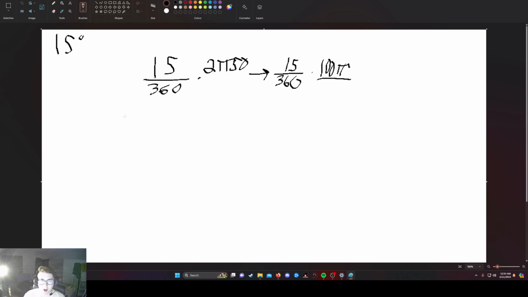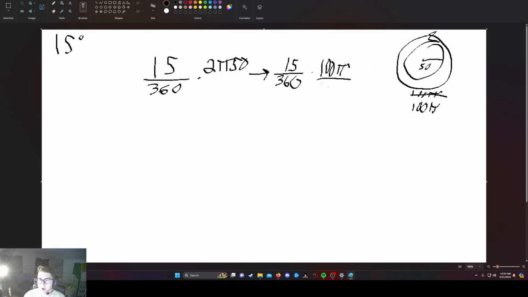Again, circumference describes the whole way around. In this case, this is 100 pi, where my radius is 50.